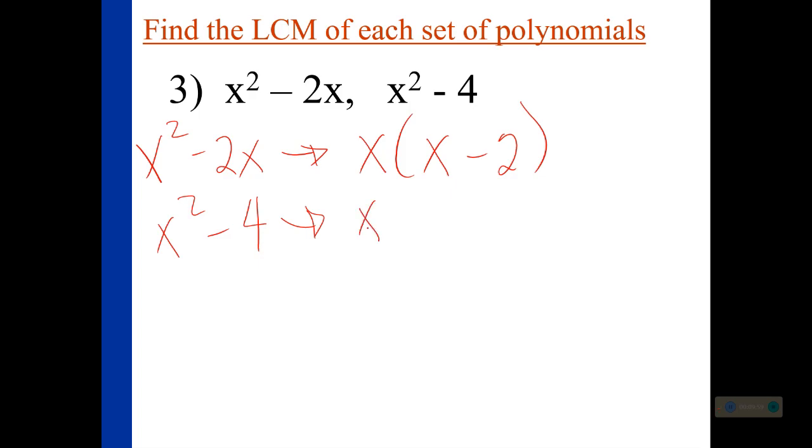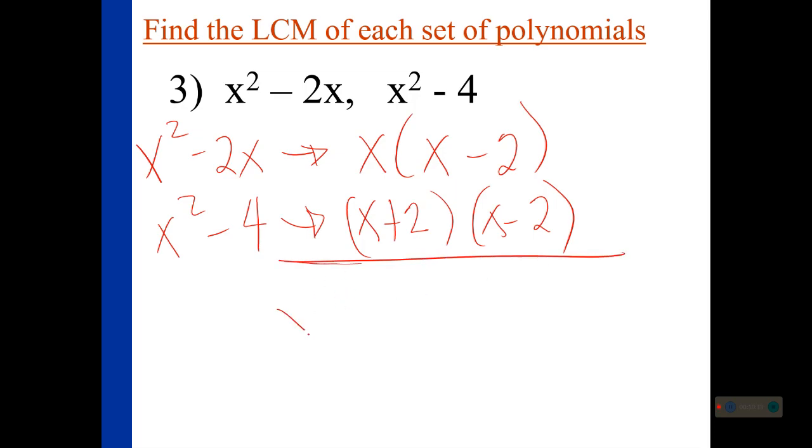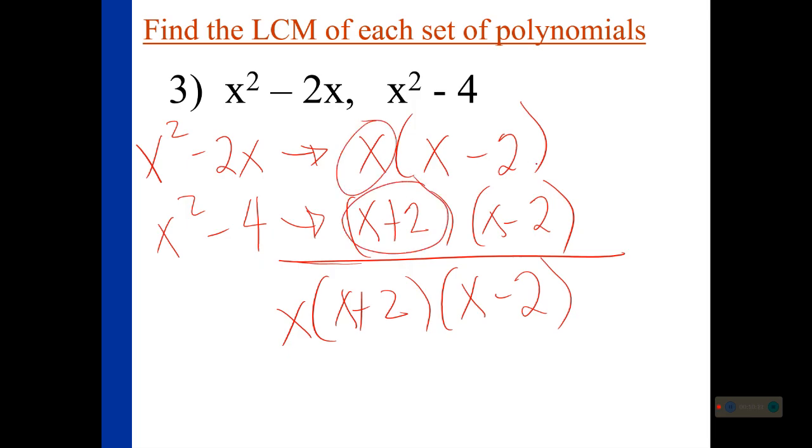You may express this as x plus 2 times x minus 2. So you will have x times x plus 2 times x minus 2. Okay? Because we have here 1, 2, then 3 because they are common. Okay?